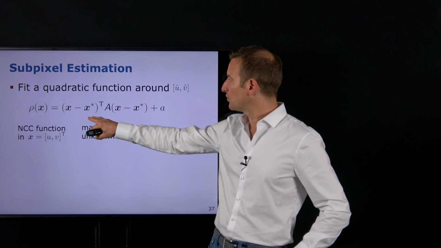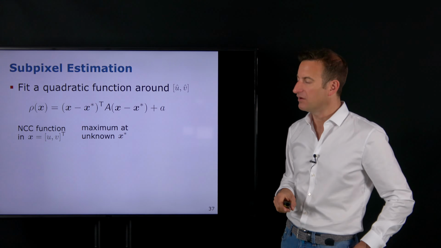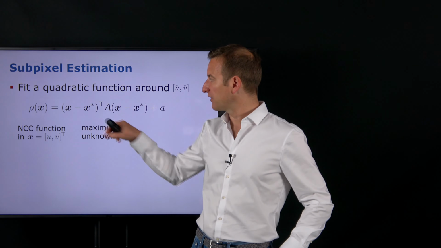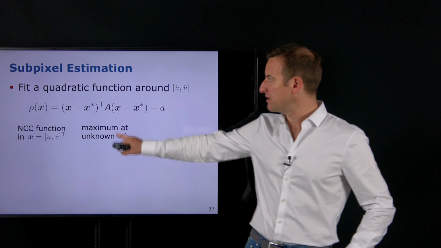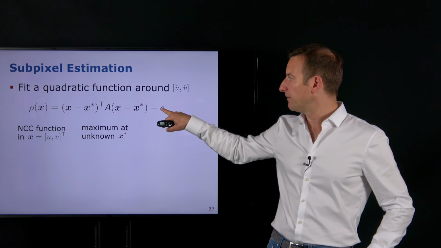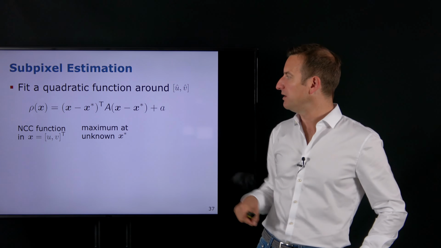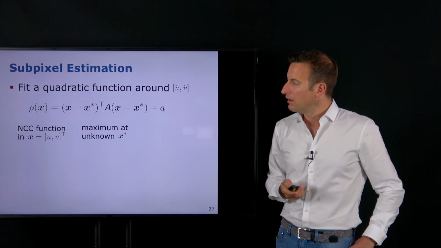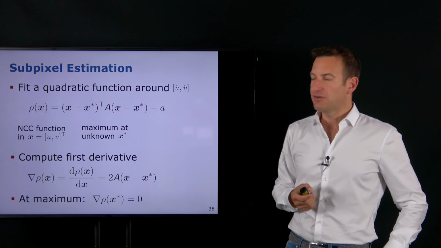And this is our quadratic form that we have here as a 2D function. So this x and x star are 2D values, and A is then a 2x2 matrix, and this is here a 1D additive value that comes with it. Okay, so let's start with this.